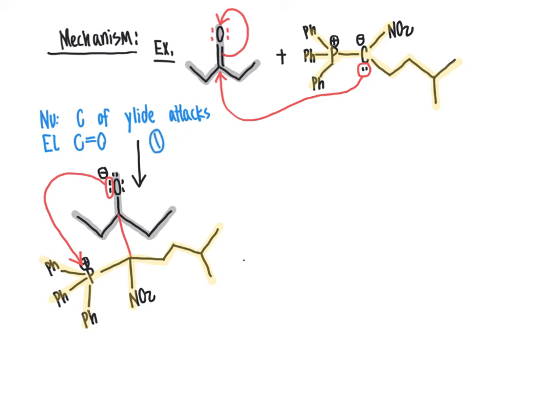So second step of the mechanism is that we get an intramolecular attack of the oxygen anion on the phosphorus cation. So this is going to create a ring. Intramolecular reactions where we link one atom from the molecule with another will create a ring.